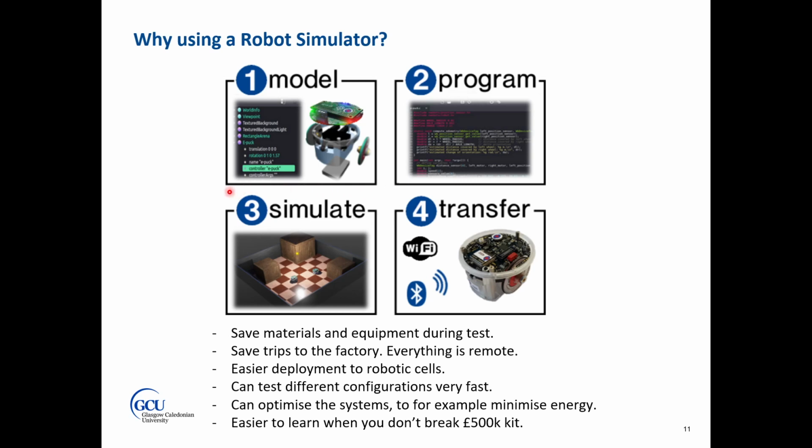And then the most important step is actually to simulate the robot. You can see in this image something quite interesting: two small robots here, and then one environment with walls, boxes, and things like that. The main idea of a robot simulator is to actually simulate how the robot works in an environment in order to optimize its behavior.